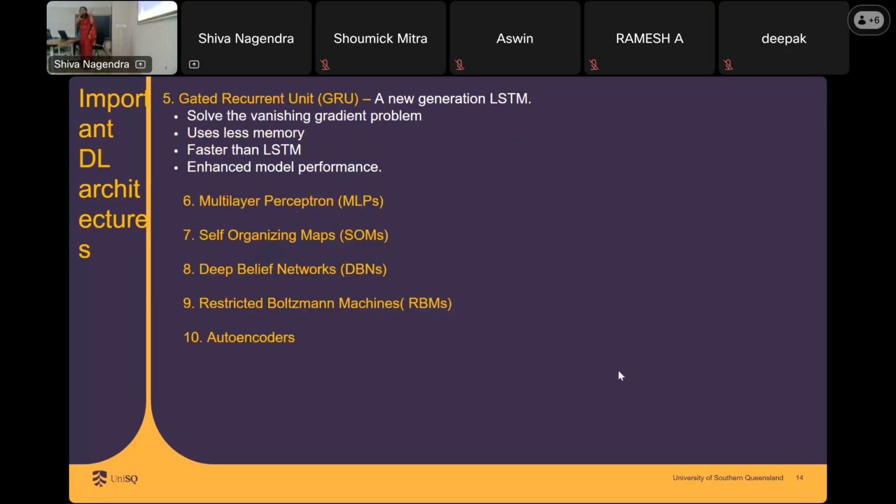These are some other models which are commonly used if you wish to make a project in AI or machine learning. The last one is autoencoders, which I will just mention, because if in future you go into defense or intelligence projects, they heavily work on autoencoders.